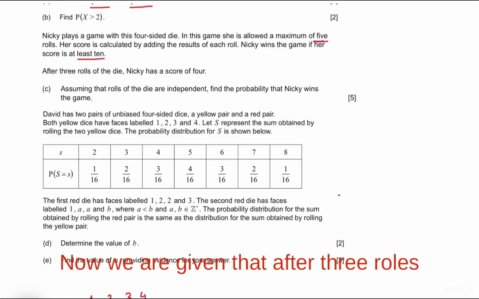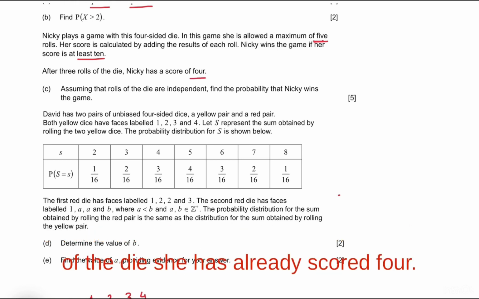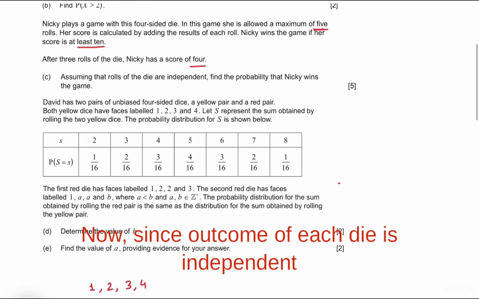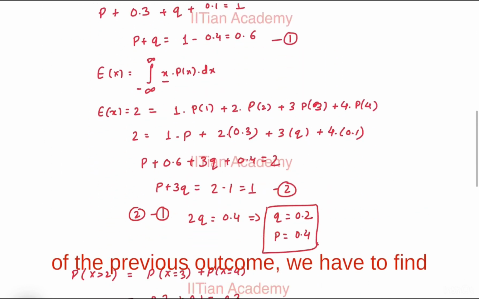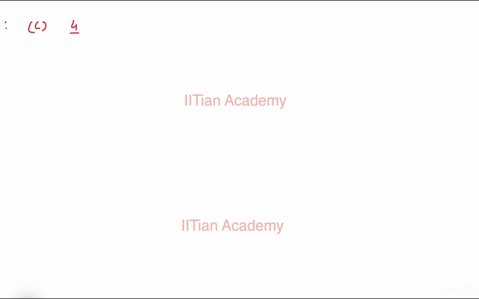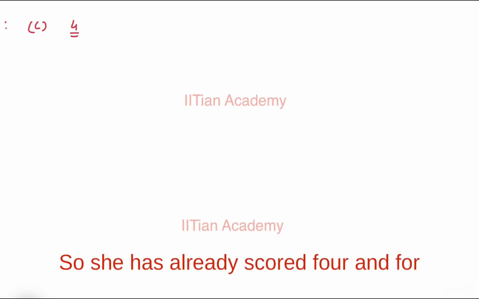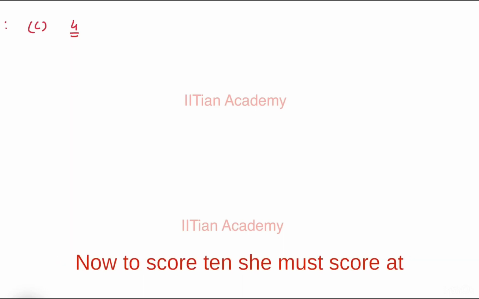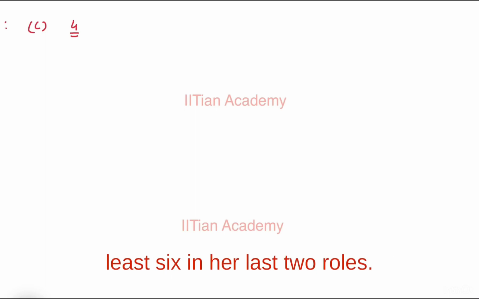Now we are given that after 3 rolls of the die, she has already scored 4. Since the outcome of each roll is independent of the previous outcome, we have to find the probability that she wins the game. She has already scored 4, and for winning the game she has to score 10. So to score 10 she must score at least 6 in her last 2 rolls.